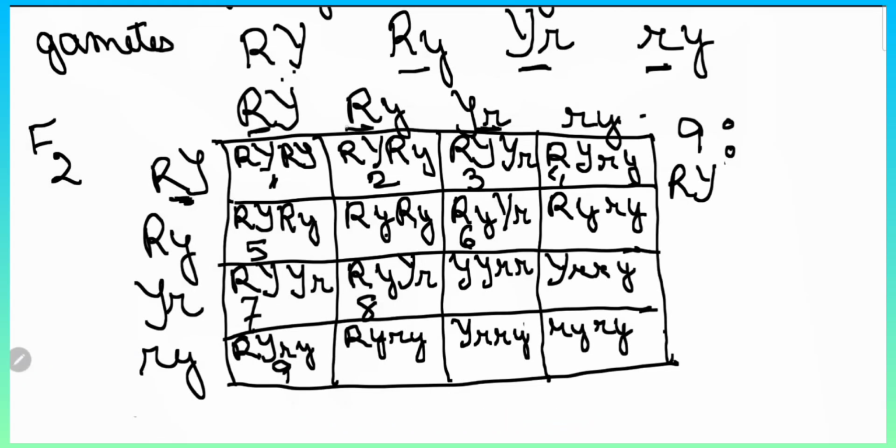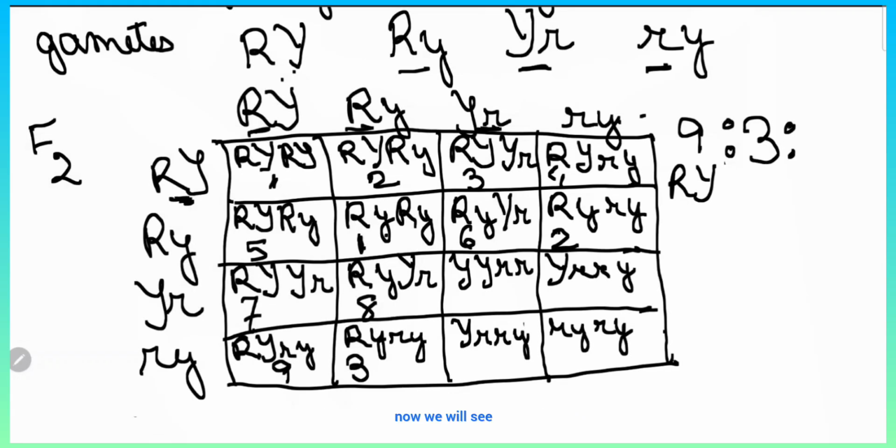That means R will be dominant, that means the shape will be dominant, but the color will be recessive. In that case, how many plants do we get? This is 1, shape is dominant, 2, shape is dominant, and here also this is the third where the shape is dominant. So it is 3.